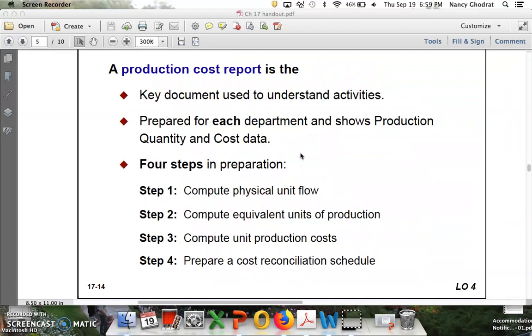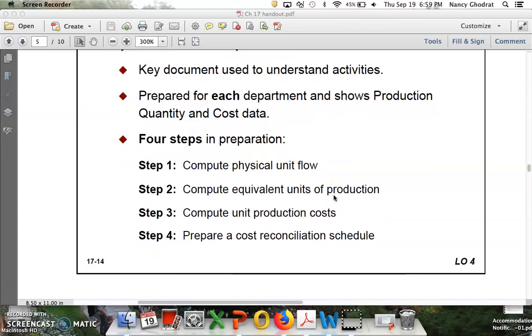Okay, so a production report has 4 sections. First of all, you need to disclose or show to management how many physical units you had to work with. Then convert the physical units to equivalent units of production.